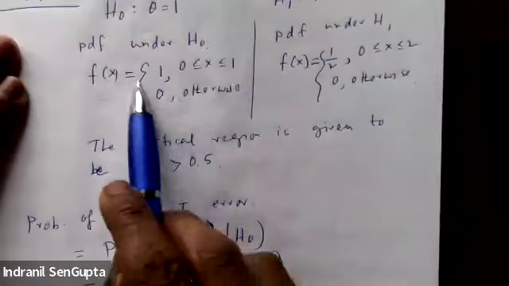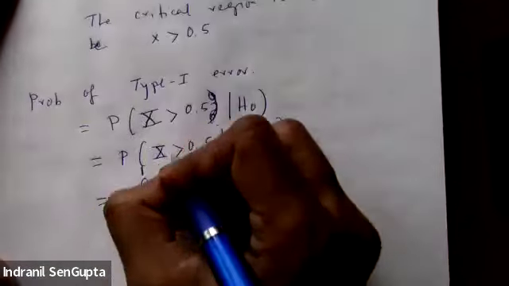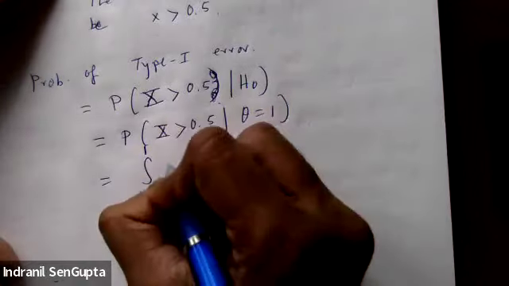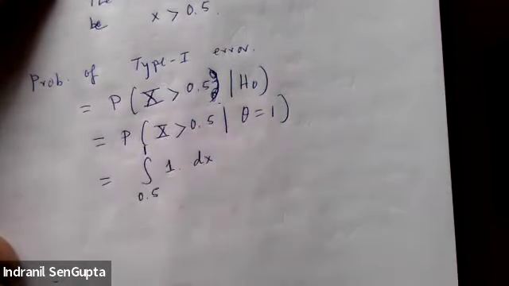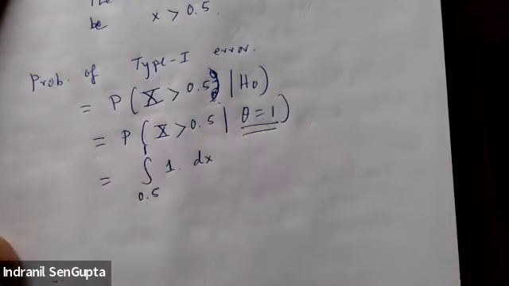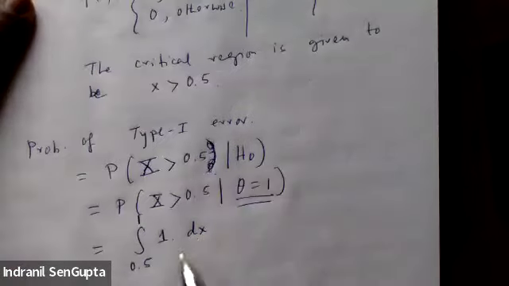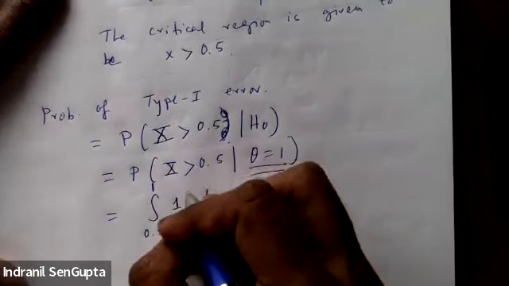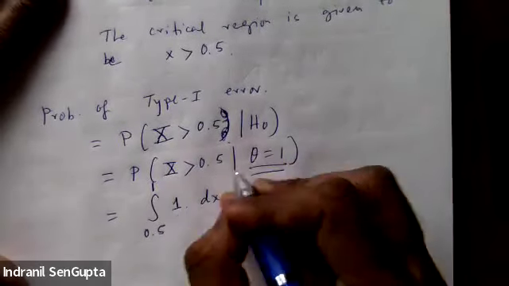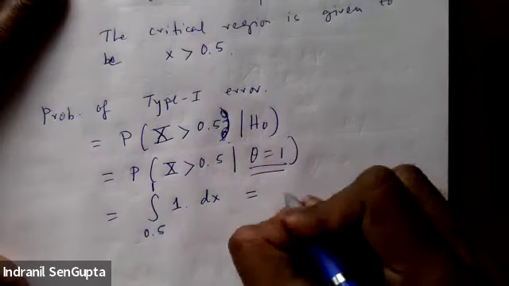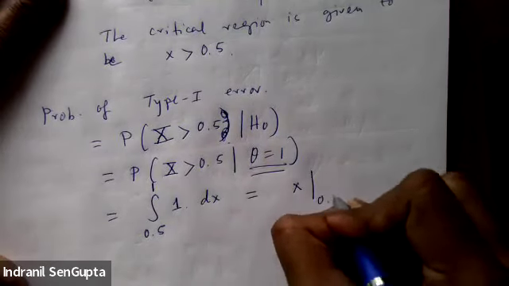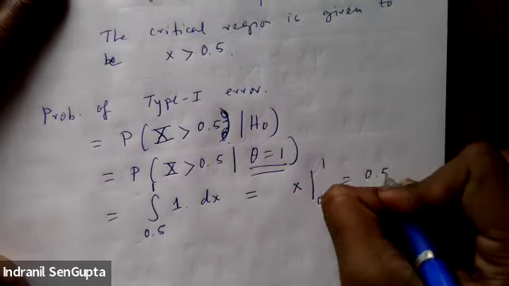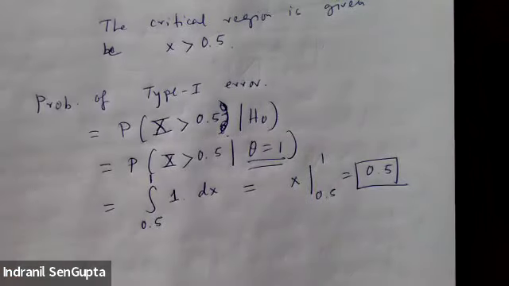The value of the function is 1, so it's the integral from 0.5 to 1 of 1 dx, with respect to theta equals 1. I'm integrating the PDF between 0.5 and 1. This is something you must have seen how to do. So it's x in the limit 0.5 and 1. So it's 0.5. That's the answer. So the probability of type 1 error is 0.5.